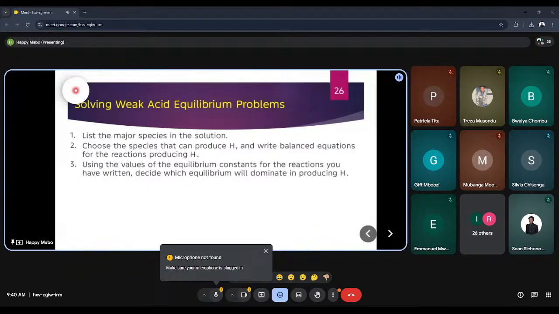Then after you have done that, you come up with the equilibrium concentrations in terms of the value of the change, which is x. Then you come up with the law of mass action. Then you substitute the concentrations in terms of x at equilibrium. Then you determine the value of x. Then using the value of x, you establish what the concentration of hydrogen ions is going to be. Then you use the formula for pH to determine the pH.